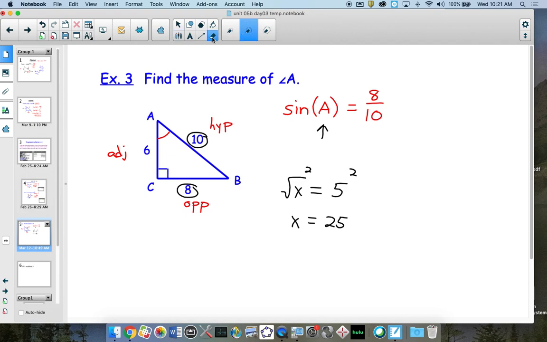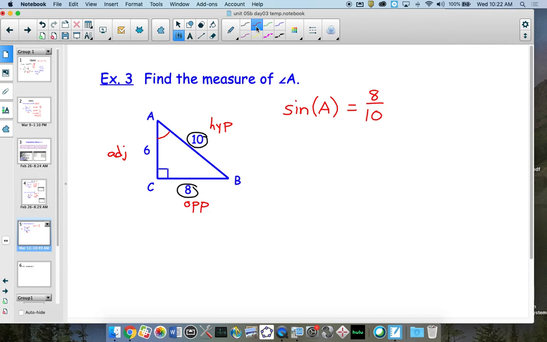The sine is a function, just like the square root is a function. So what we want to do is undo the sine. Well, how do you undo the sine? That's something that you don't know yet. And so it turns out that our calculator is going to be helpful, as we have this function called the inverse sine. And it doesn't mean sine to the negative first power.